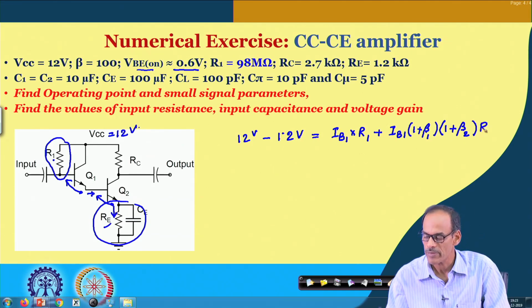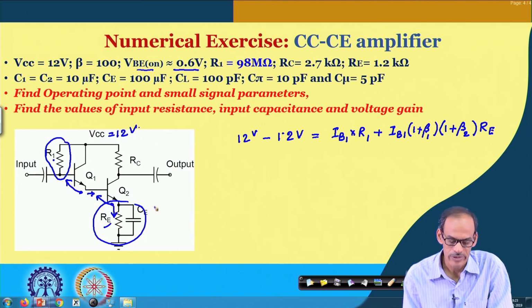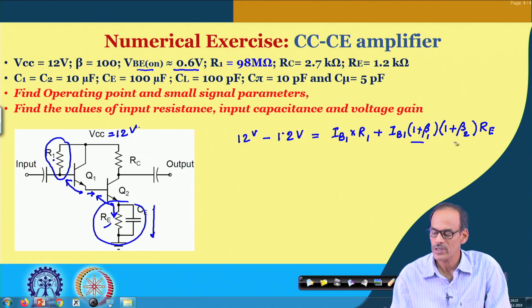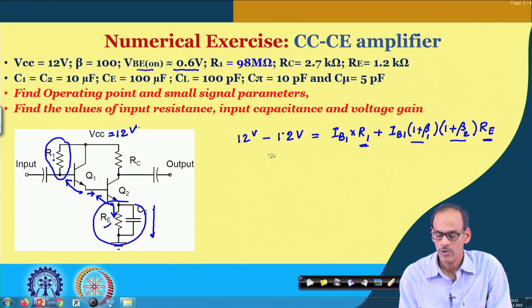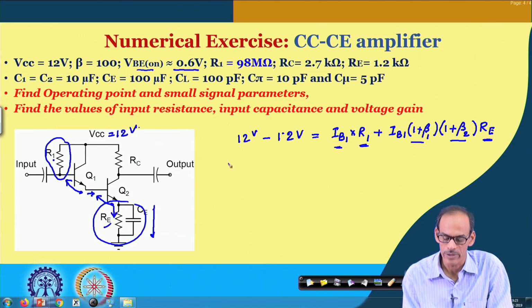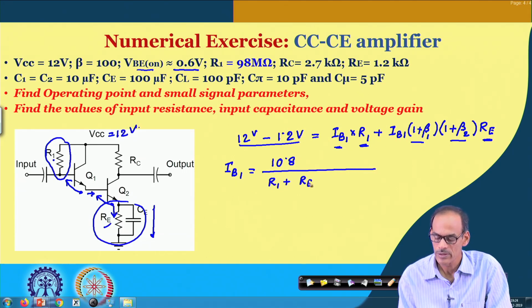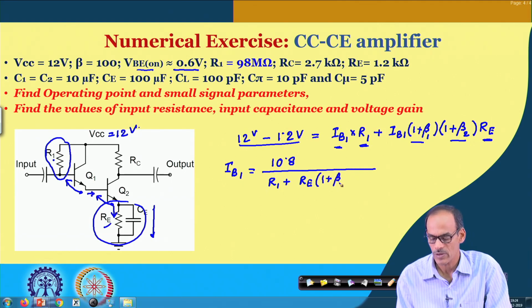That multiplied by RE is the drop across RE. Here we know beta, R1 and RE, and from that we can find IB1. So this IB1 becomes 10.8 volt divided by R1 plus RE multiplied by 1 plus beta 1 multiplied by 1 plus beta 2.